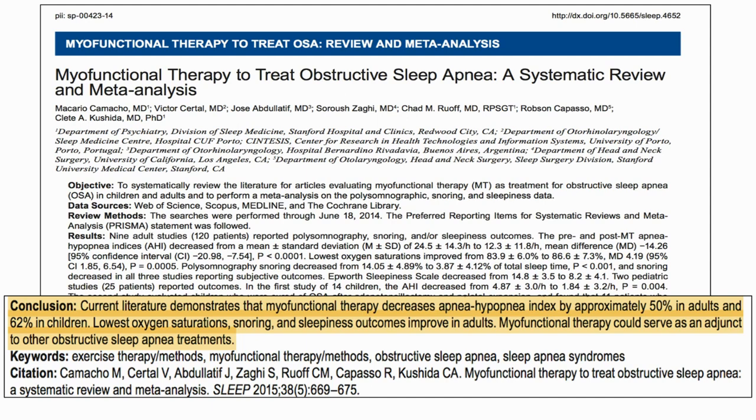And as you can see, a meta-analysis was conducted by Camacho et al., and it demonstrated a decrease in the frequency of apneas that were measured by the apnea hypopnea index, or also known as AHI. Now, it demonstrated that the children's AHI decreased by 62% and for adults by 50% after going through myofunctional therapy.